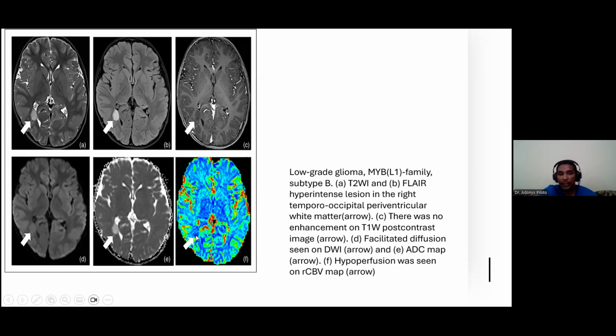Of course, there is poor perfusion, a characteristic of low-grade glioma, seen in the rCBV map.